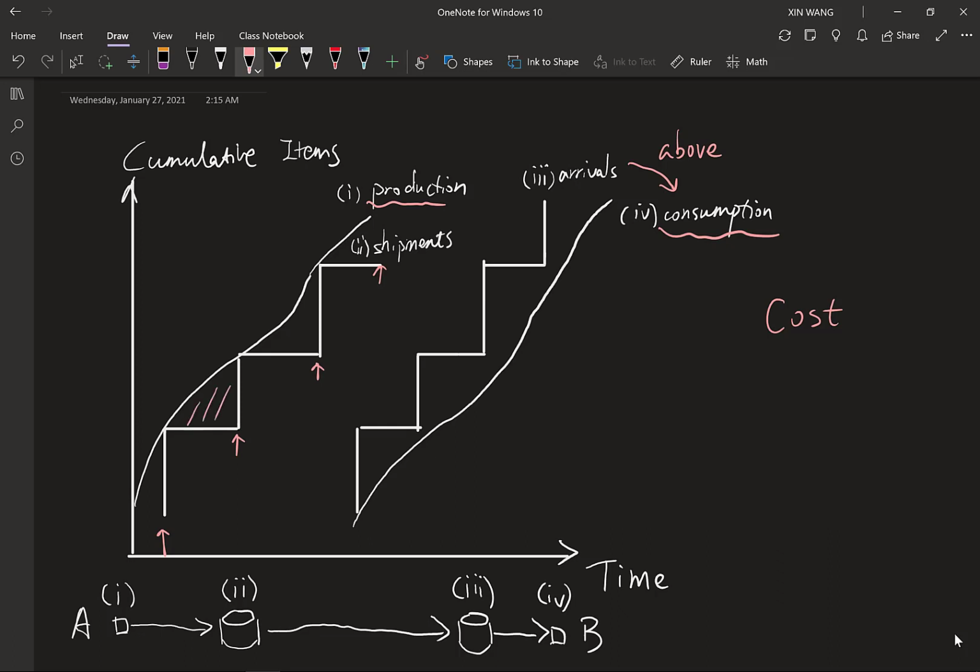We can consider all these ranges. So this dashed line indicates the product is stored at location A. And then this dashed line tells us the products are stored at location B.